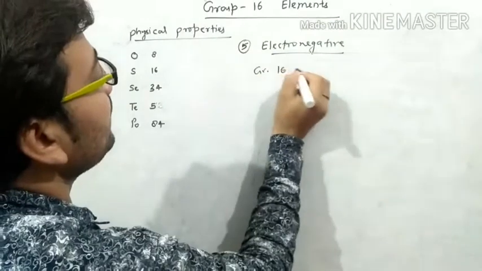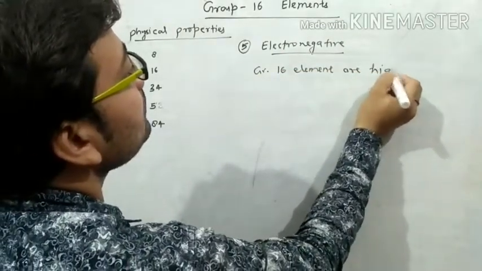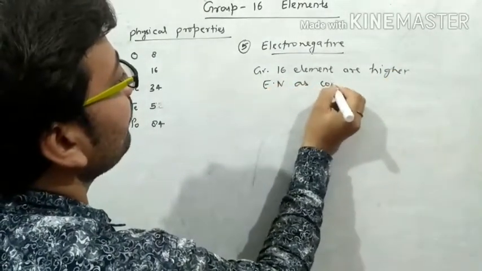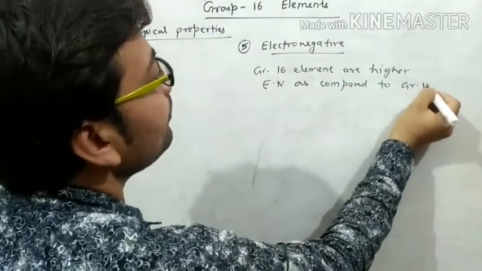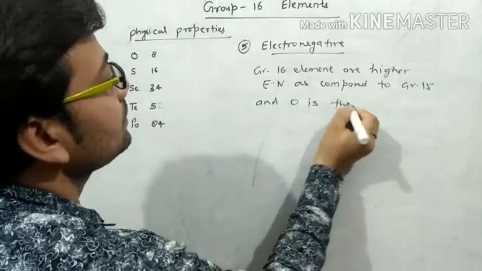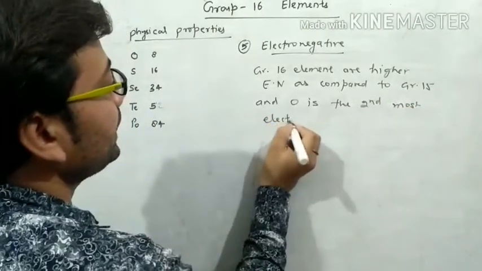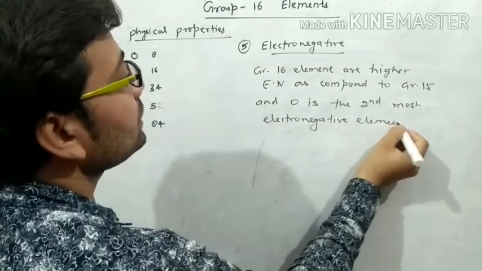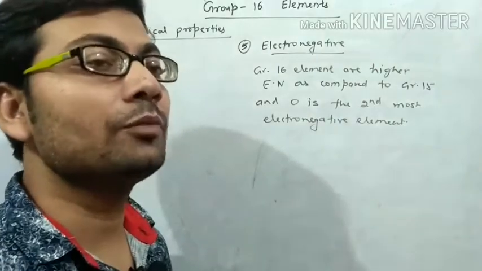Group 16 elements are more electronegative as compared to group 15, and oxygen is the second most electronegative element, and the first one is fluorine. So these are the physical properties so far.